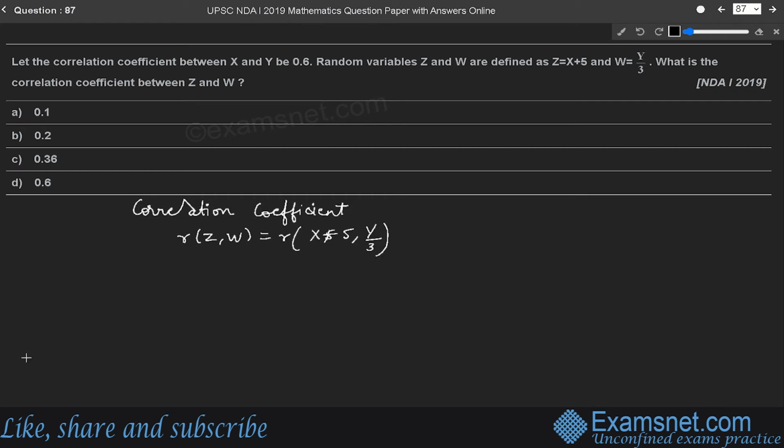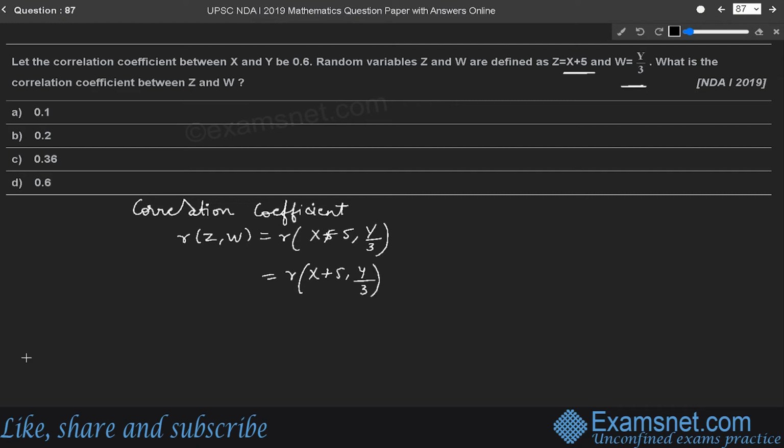According to the values given in the question, the correlation coefficient r of z comma w is equal to r of x plus 5 comma y by 3, because the value of z is x plus 5 and w is y by 3. I hope it is clear up to this step.